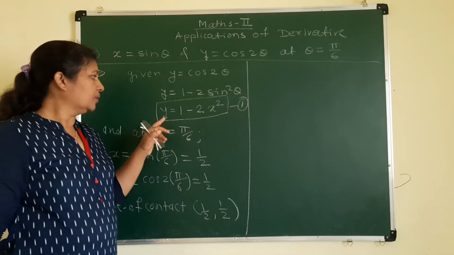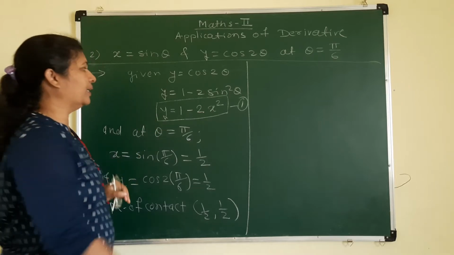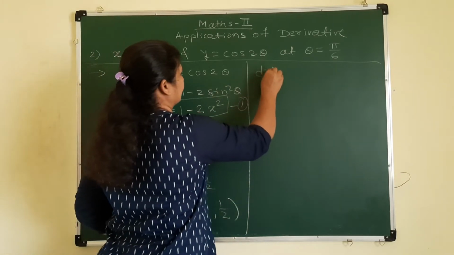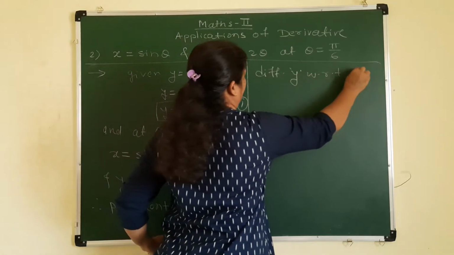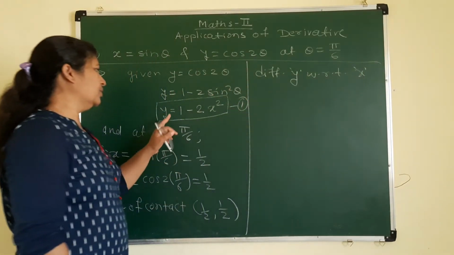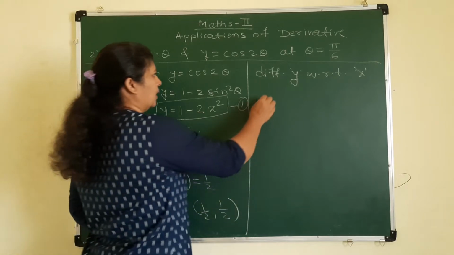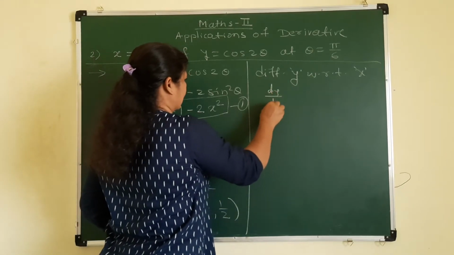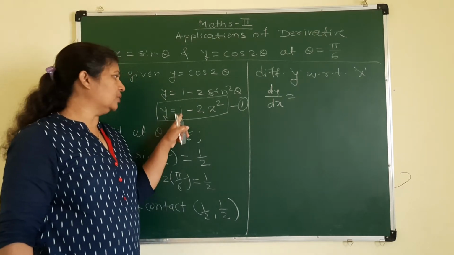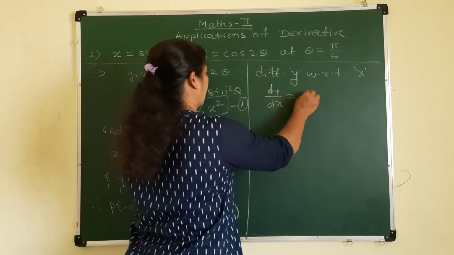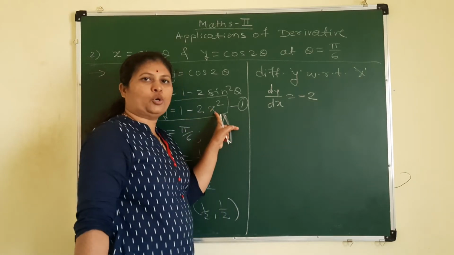The first step is to differentiate this with respect to x. So differentiate y with respect to x. What will you get? dy by dx is equal to, since 1 is constant, its derivative is 0, minus 2 times the derivative of x square.